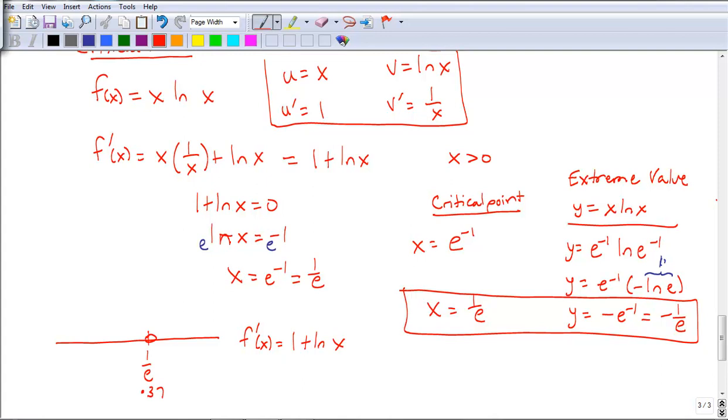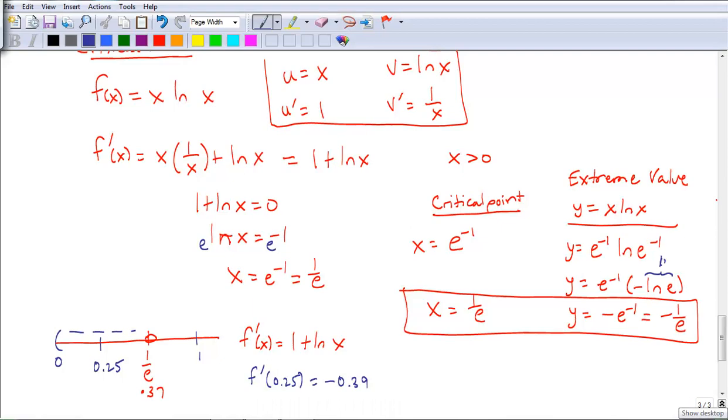So if I want to plug a number to the left to test it, I might test 0.25. Notice I can't put anything smaller than 0. I can't even include 0. So maybe 0.25 and maybe 1. When I plug 0.25 into there, I get 1 plus the natural log of 0.25, and that's negative 0.39. The first derivative is negative here, so it's decreasing.